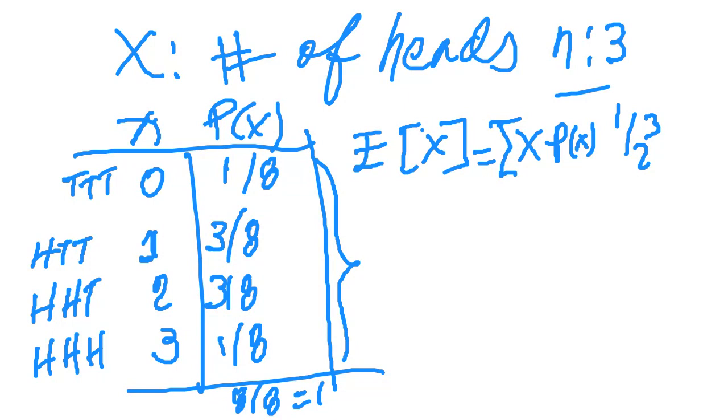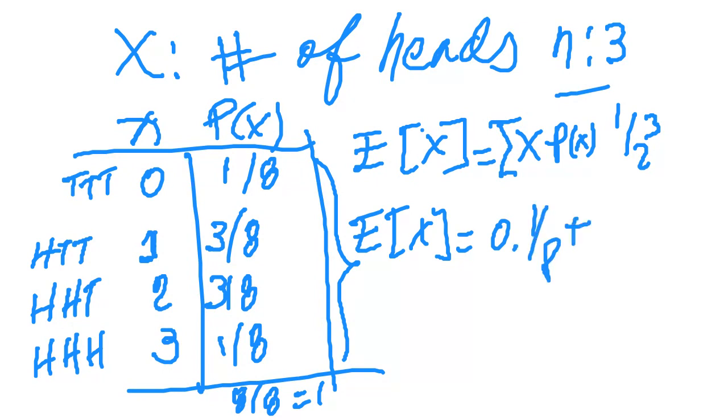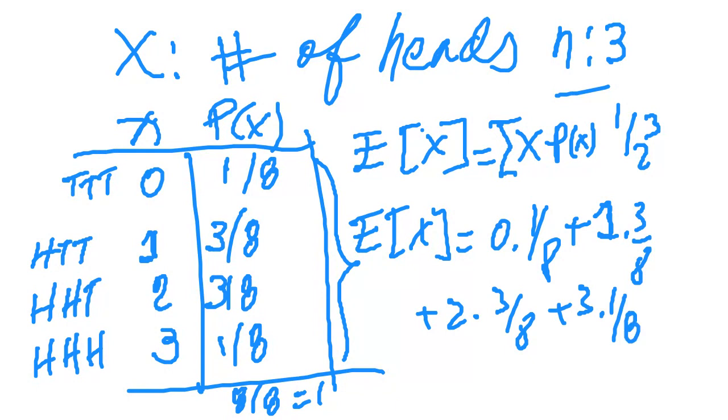So for the expected value, what you need to do is take the value and multiply by the probability. 0 times 1 over 8, plus 1 times 3 over 8, plus 2 times 3 over 8, plus 3 multiplied by 1 over 8. So that is 0, that one is 3.